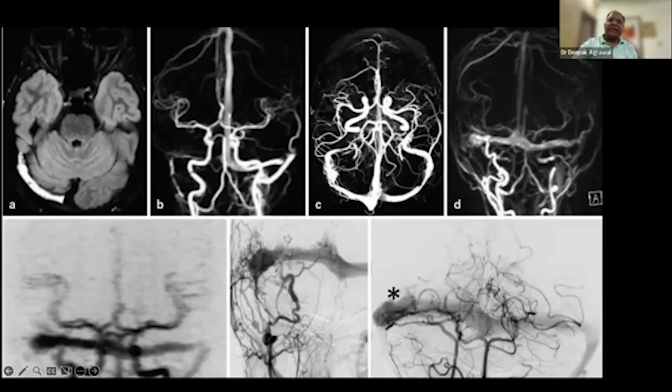This C image shows, 3 months down the line, a full-fledged dural AV fistula, which has become very apparent, at 10 months of follow-up. So we can see how rapidly these dural AV fistulas evolve over time. And if left untreated, they may become quite problematic for the patient.